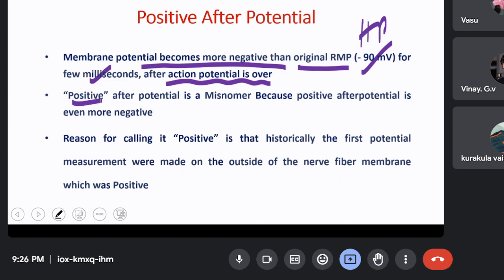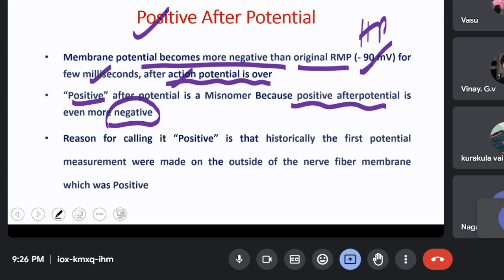Here positive, actually this is negative in charge. We are using the term positive because positive after potential is said to be more negative. After depolarization and repolarization, hyperpolarization has taken place. That we call positive after potential, which is actually negative.